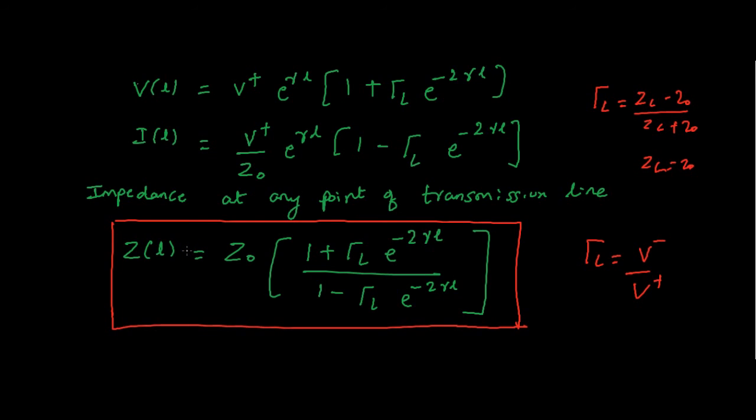Now part 2 will be to understand what a lossless transmission line is, using this equation, and part 3 will be the working of the quarter wave transformer. Since this is taking longer than expected, I'll make two videos out of this.